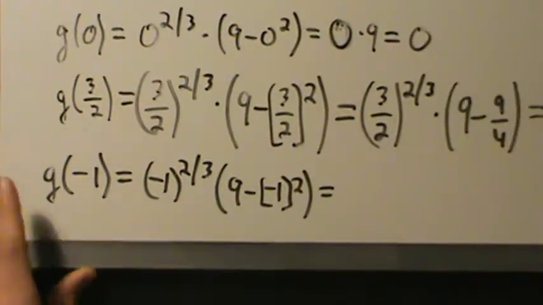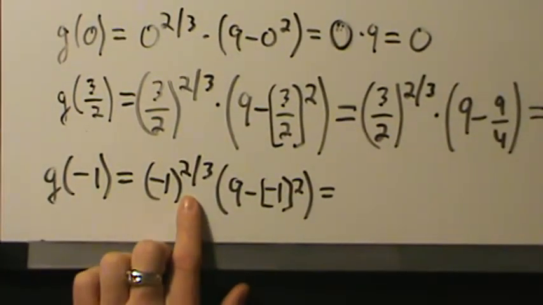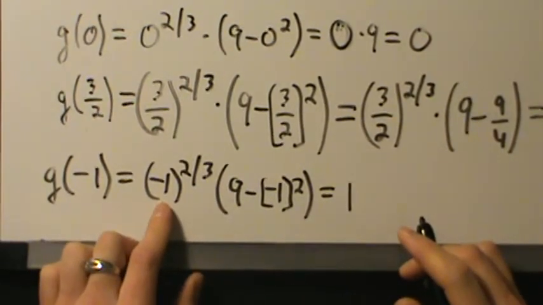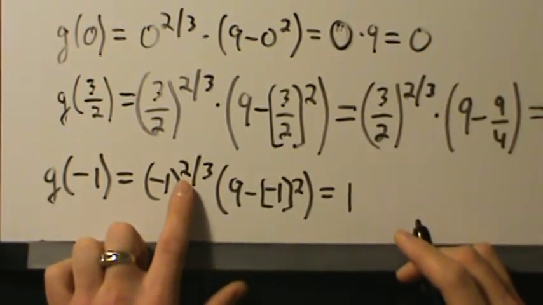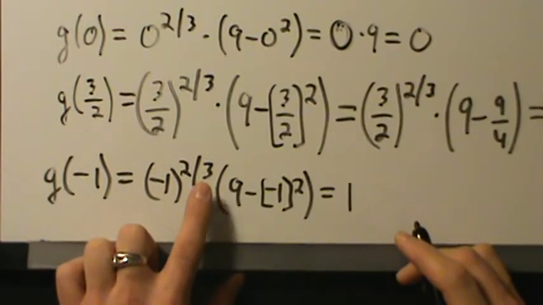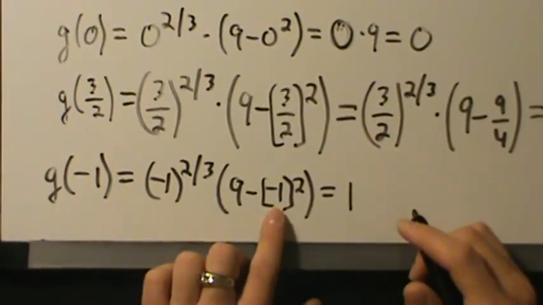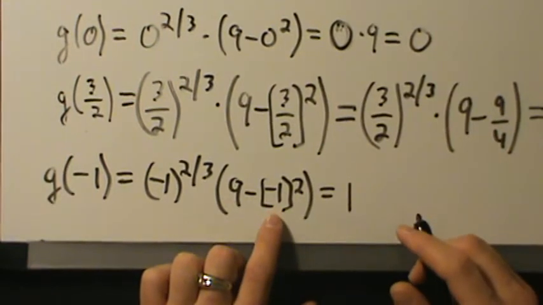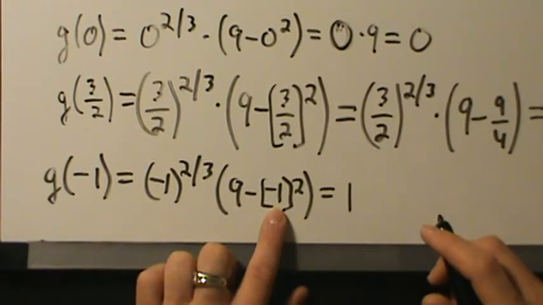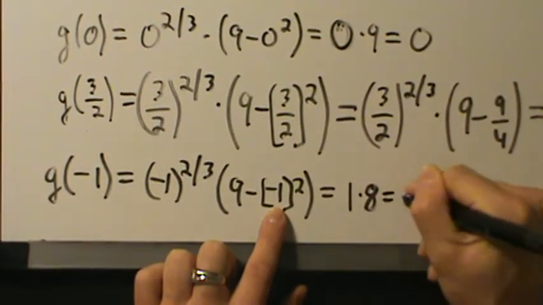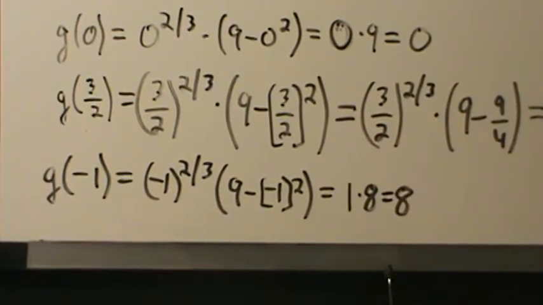If you take a -1 and raise it to the 2/3, you're actually just going to get +1. There's a couple different ways to think about it, but you could say -1 squared is +1, and then take the cube root, you just get +1 again. Anyway, -1 squared is +1. 9 minus 1 is 8. So this is 1 times 8, which is 8. So that's g of -1.